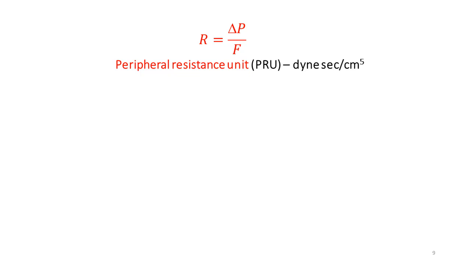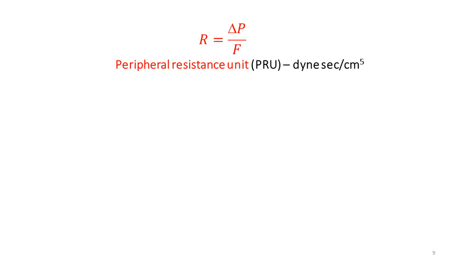For example, if the pulmonary arterial and vein pressure difference was about 14 millimeters of mercury and the cardiac output, or flow, was 100 milliliters per second, the total pulmonary vascular resistance, or partial vascular resistance for the pulmonary part, would be 0.14 PRU. So we can find R as resistance for each part of our body.